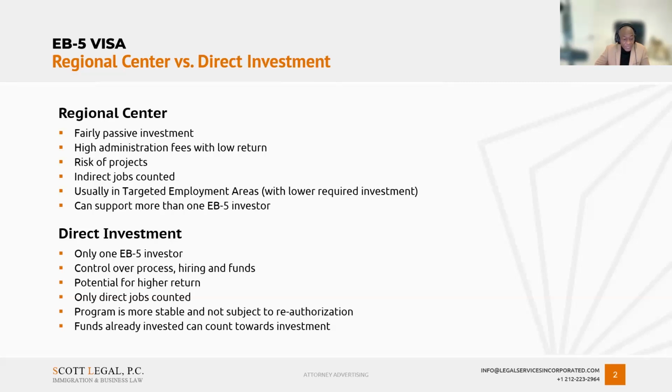They're really interested in running the show and making sure that, considering or taking into account that could mean that there are additional risks, but also it could mean that there are significant rewards associated with that. And as we said, when we're talking about indirect jobs, only direct jobs can count here, so we can't use indirect jobs at all.